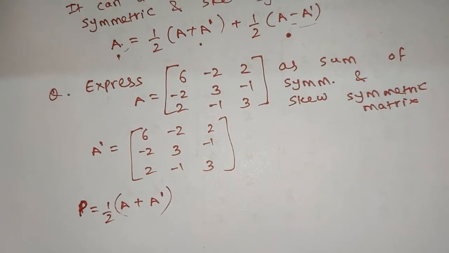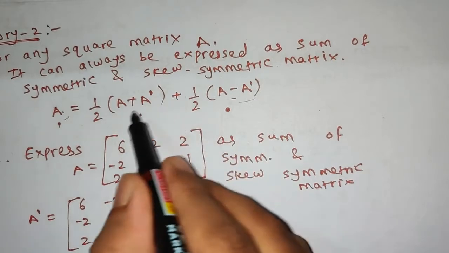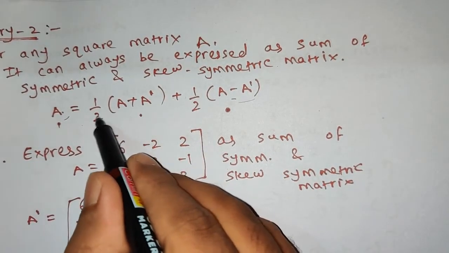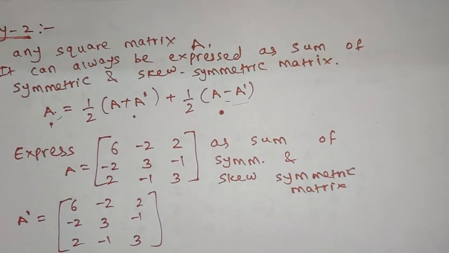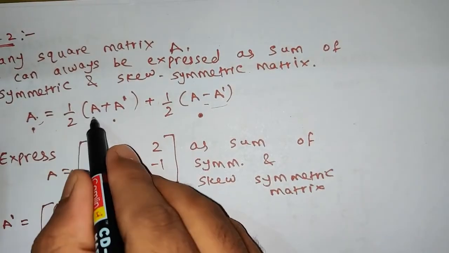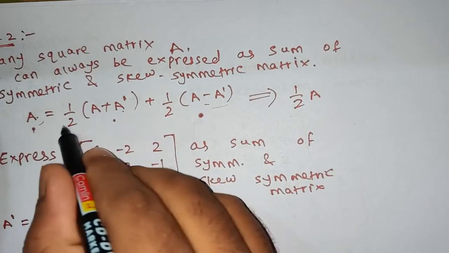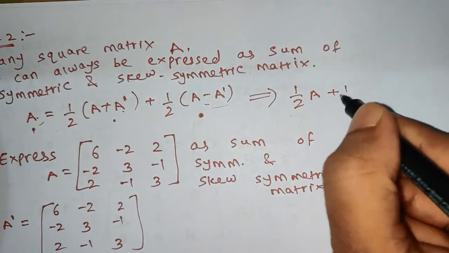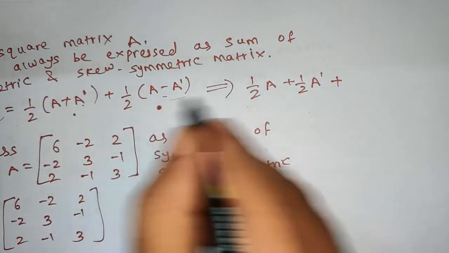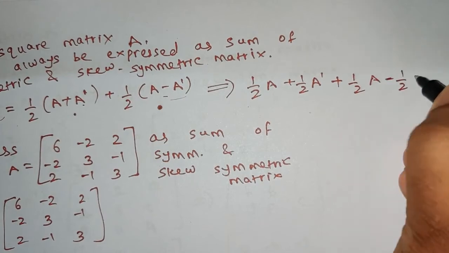Let me first tell you the basic idea behind taking half here. As you already know, when I multiply a matrix with a constant, it is multiplied with all the corresponding elements inside it. So that becomes half of A, and half of A transpose, plus half of A, and again minus half of A transpose.